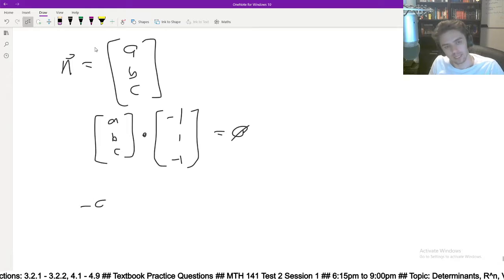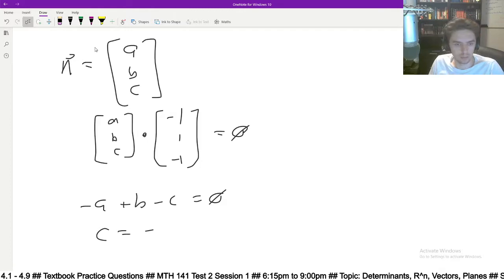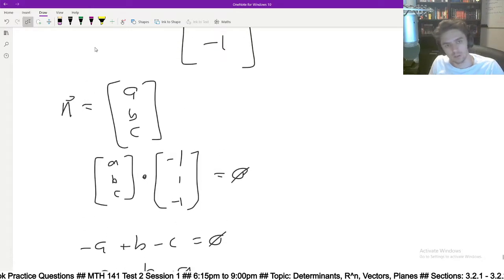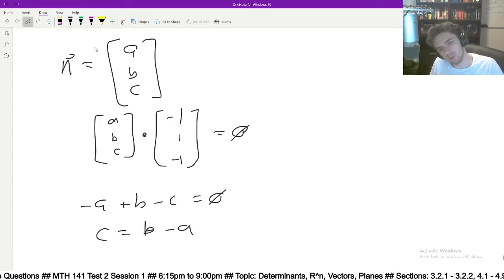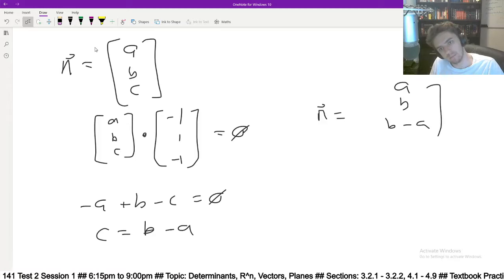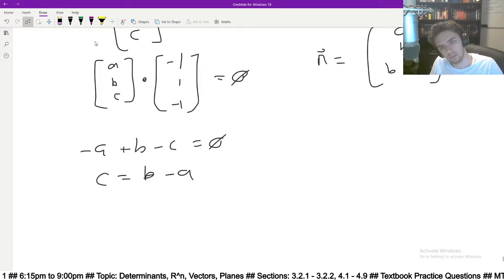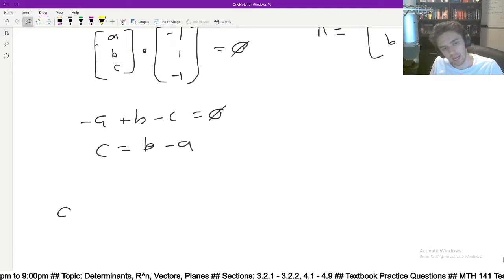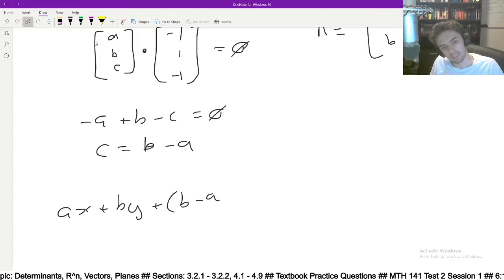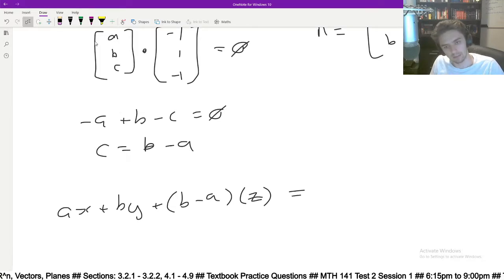In other words, negative A plus B minus C equals 0, or C equals B minus A. So we can rewrite the normal as A, B, B minus A. Let's put this into an equation: AX plus BY plus B minus A Z equals D.